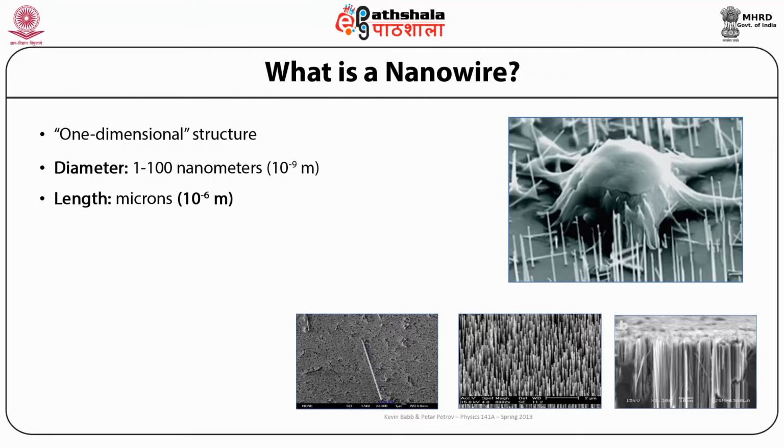Since quantum effects become dominant at this scale, so they are highly important. There are variety of nanowires prepared over the years, and these include superconducting, metallic, semiconducting, and insulating nanowires.